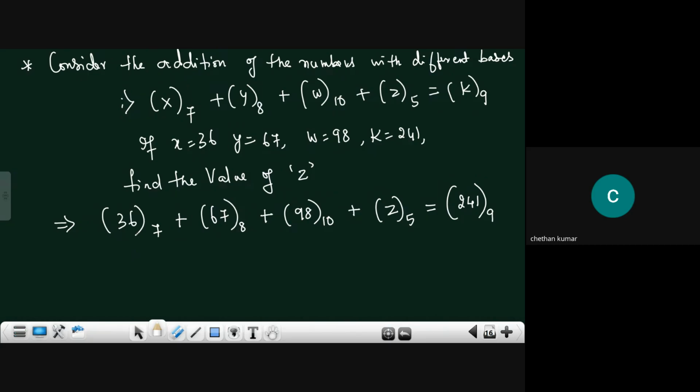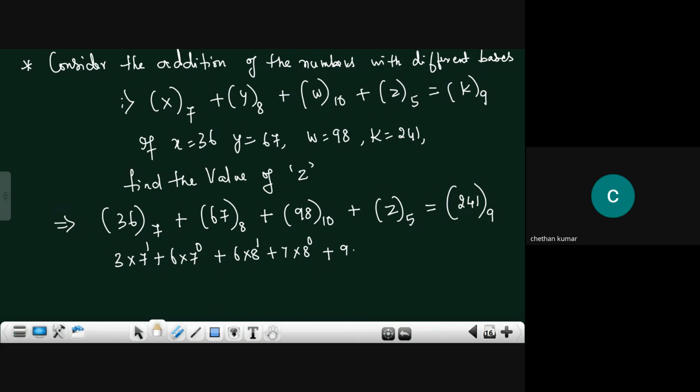Weighted power. How to write the weighted power? 3 into 7 power 1 plus 6 into 7 power 0 plus 6 into 8 power 1 plus 7 into 8 power 0. Correct? Weighted power. Plus 98 with the base of 10 means 98 only.